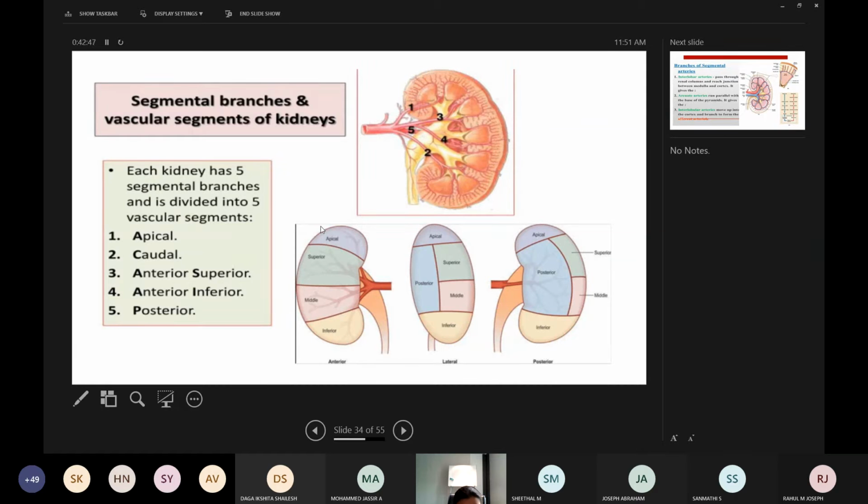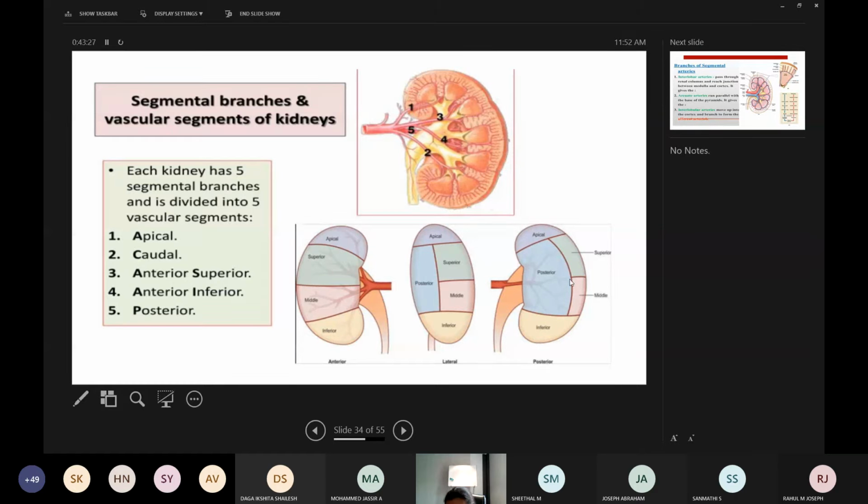According to that, they are named: apical, supplied by the apical segmental artery, then superior, also called anterior superior, anterior middle, and inferior. And in the posterior surface, we will get the posterior segment.